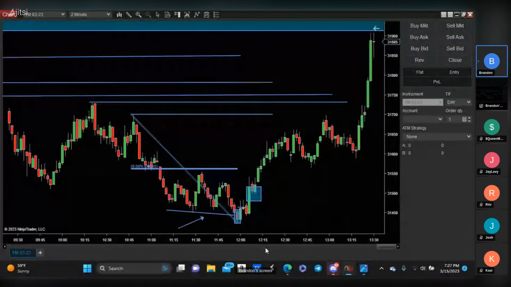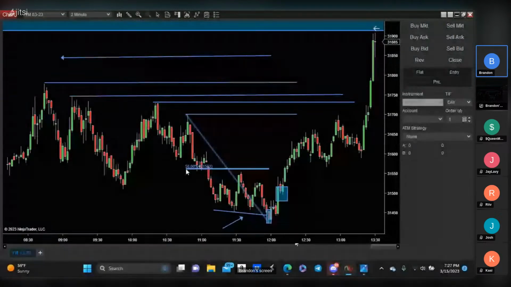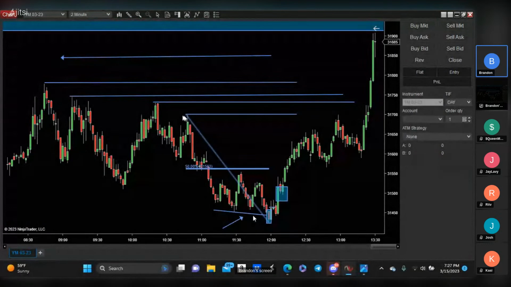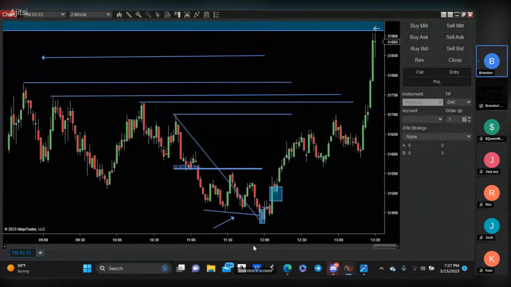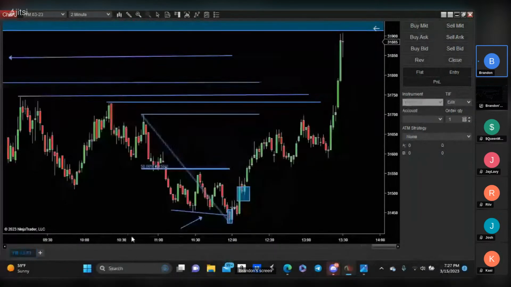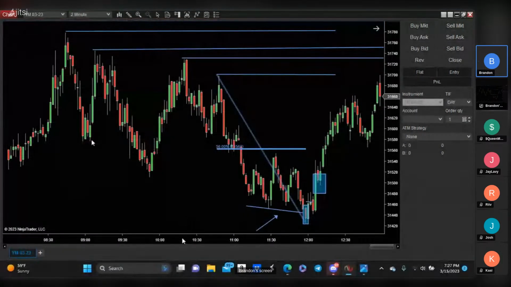Because the algorithm is programmed to go from being expensive to being cheap, from being cheap to being expensive. That's how price is really moving. So you don't need no indicators or nothing like that to tell you how price is gonna move. It's constantly going back and forth from being cheap to being expensive.